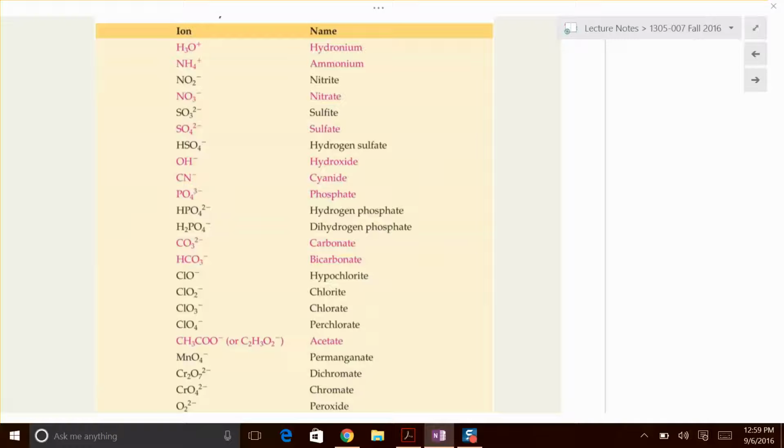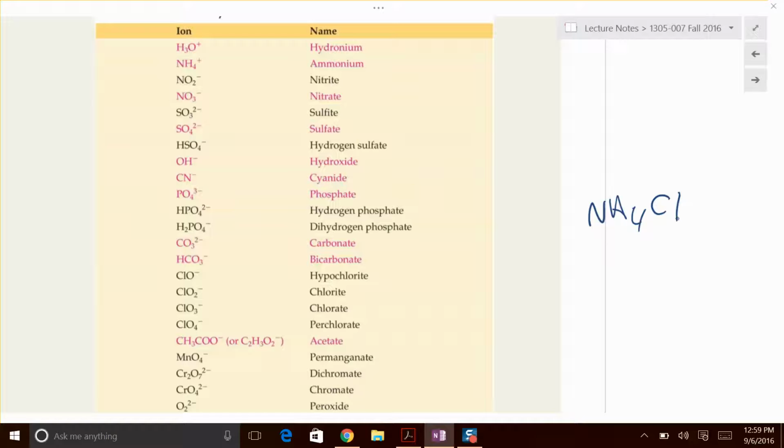Ammonium chloride. Good. So that didn't start with a metal. If you're trying to name that NH4Cl like you would a covalent compound, you'd be like nitrogen tetrahydride monochloride.